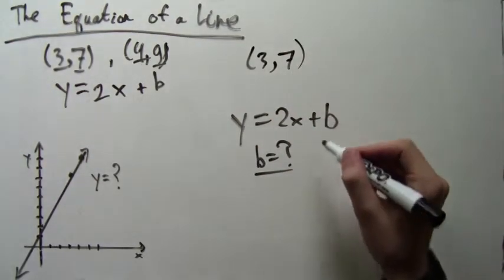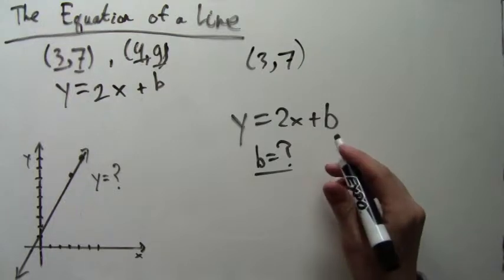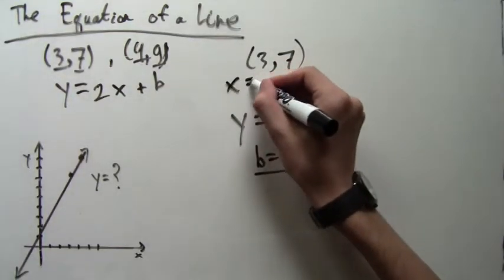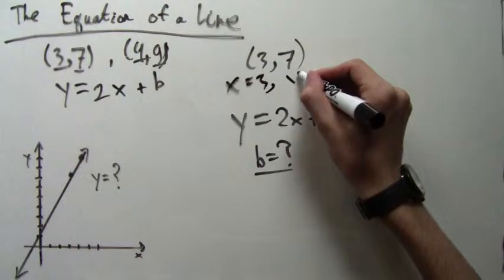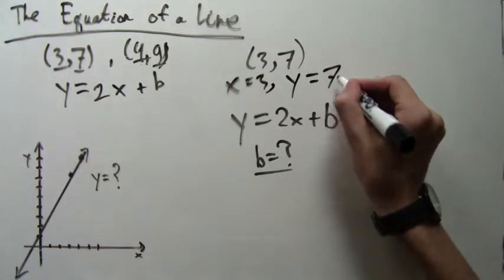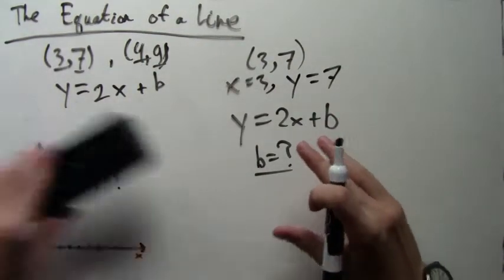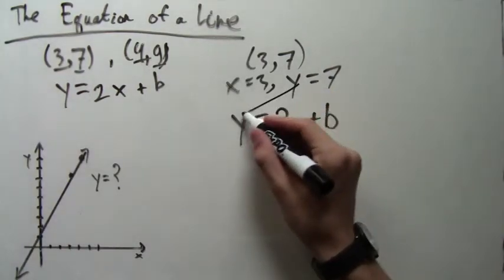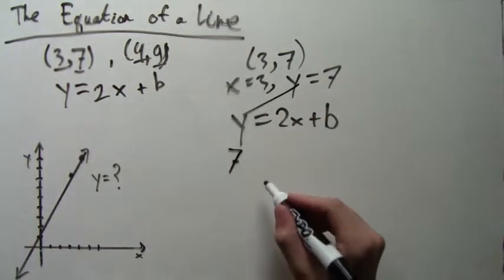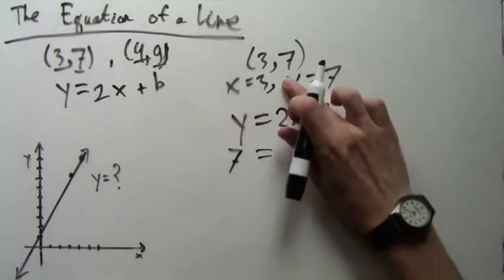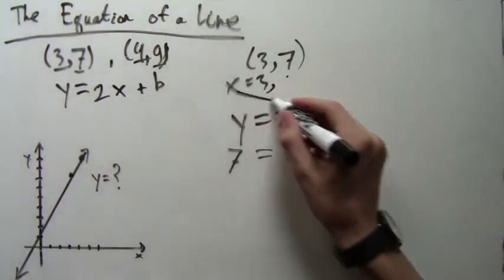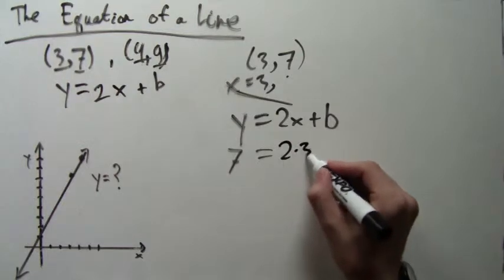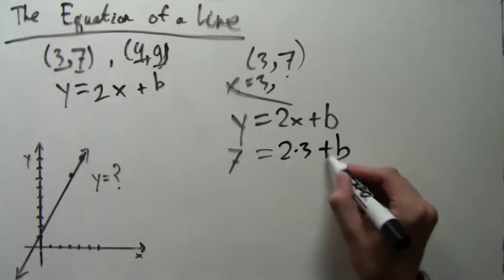Just by taking the first point, we know that x equals 3 and y equals 7 must satisfy equality in this equation. That is, if we plug in 7 for y, and if we plug in 3 for x, then the two sides must equal each other. So here I write 3 instead of x.